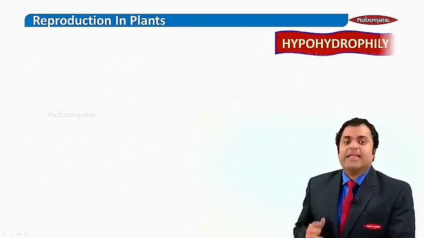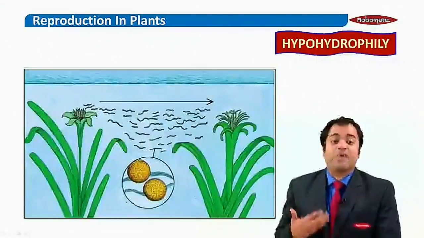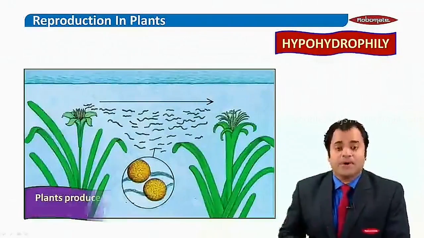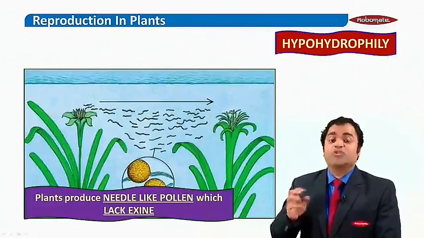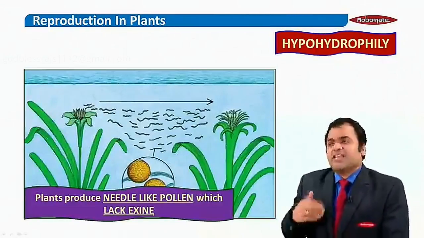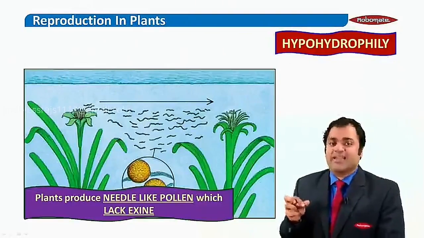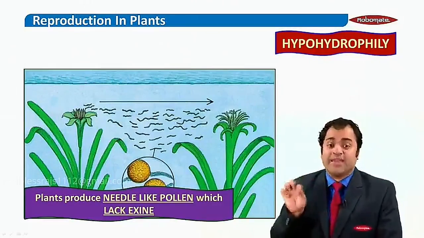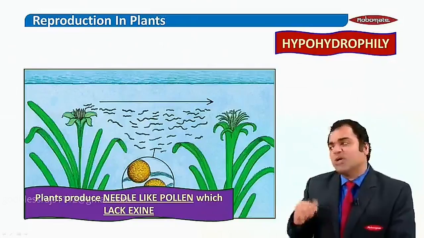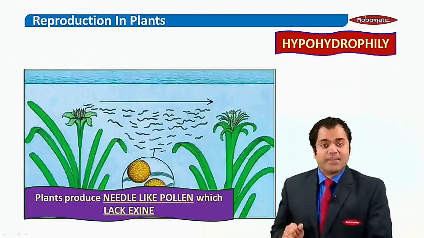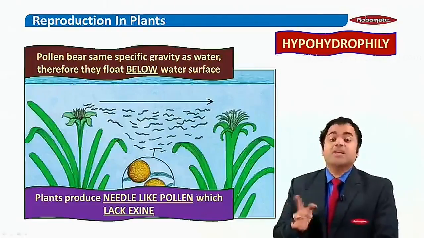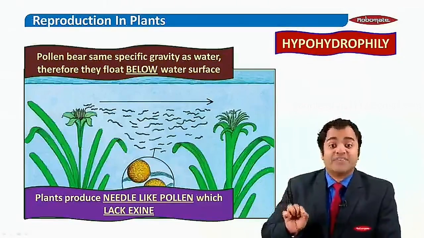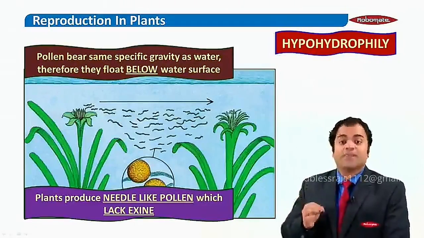Moving on. Let us see something more about hypohydrophily. Remember that the plants will produce needle-like pollen grain which will lack exine. See, they don't have to have any spiny exine because it doesn't have to stick to any biotic agent. So they can lack exine. Does that make sense? And then you should also know that the pollen will bear the same specific gravity as that of water, right?